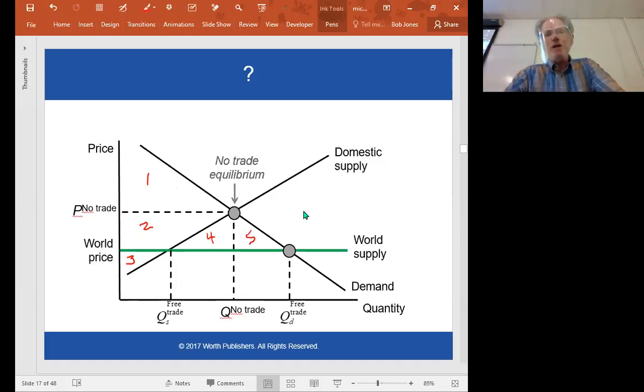Okay? So clearly the consumers are benefiting tremendously from the ability to trade with other producers in the rest of the world. Consumer surplus is going from just 1 to 1 plus 2, 4, and 5. So consumers are getting a huge benefit.